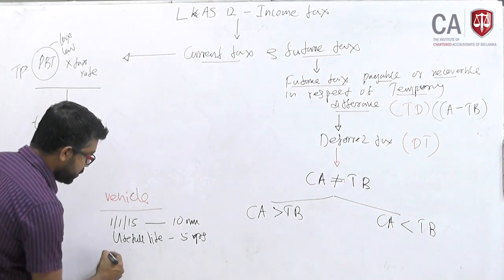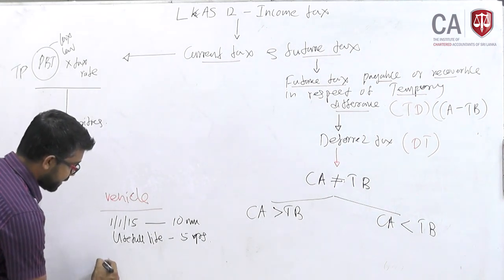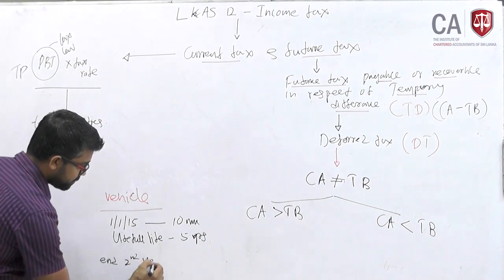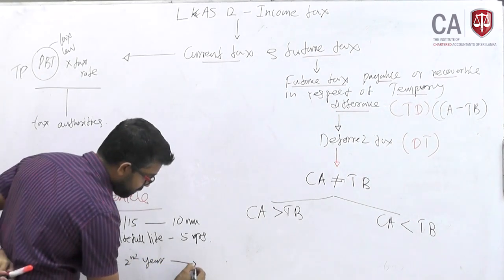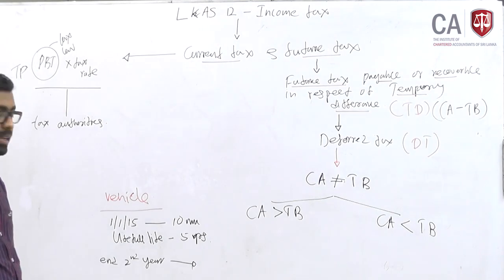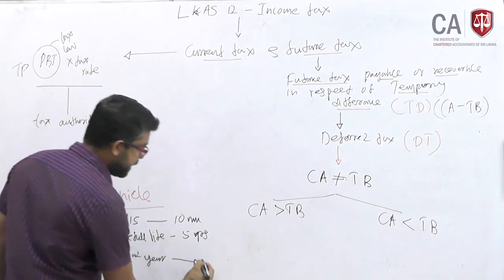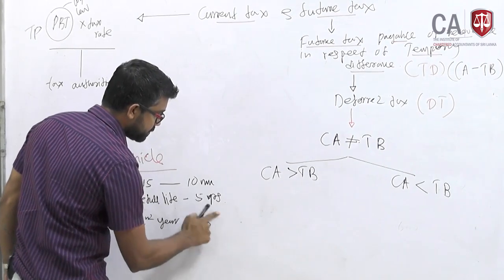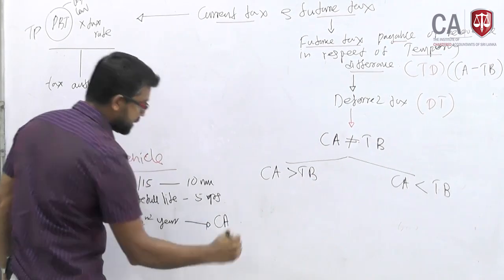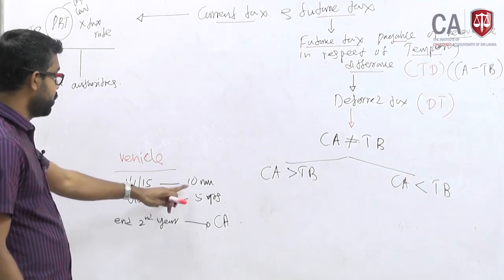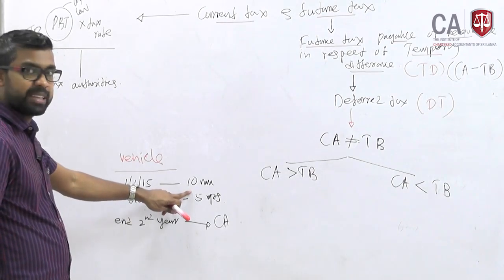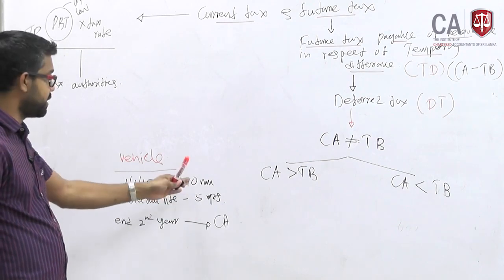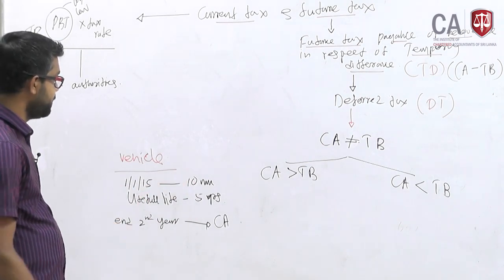So at the end of the second year, the net book value or carrying amount of this asset, after 2 years of depreciation. Each and every year you depreciate, 5 years means 10 divided by 5, 2.